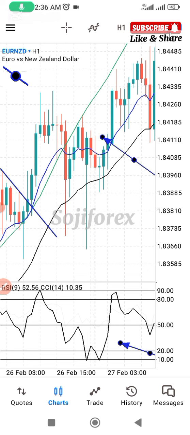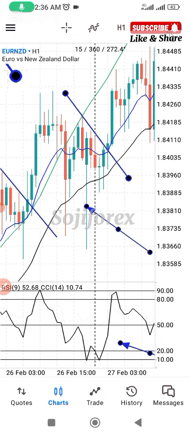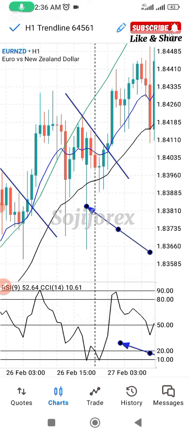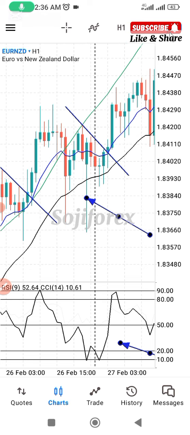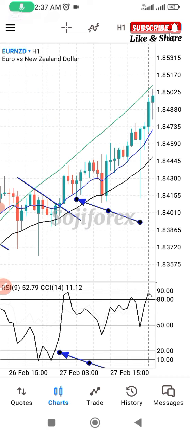Each of these rejections is showing us the weakness of sellers as far as this price behavior is concerned. And if you look at that, you see that our CCI is crossing from the level of 10, with all of this rejection, first, second, and third one. So here is our entry, and we'll be in this beautiful trade.